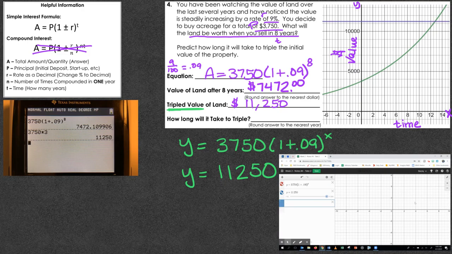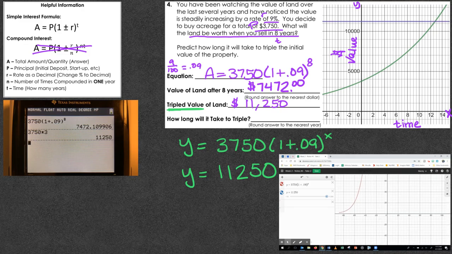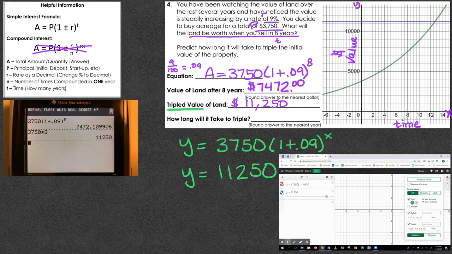Now on the screen currently, you can't see what's happening. So you can pinch it and zoom out. You can see the red line, or you can go over to the wrench on the far right and you can change your y-axis values to meet the needs of your window. And I've done a screenshot. So we're going to go from -500 to 15,000.